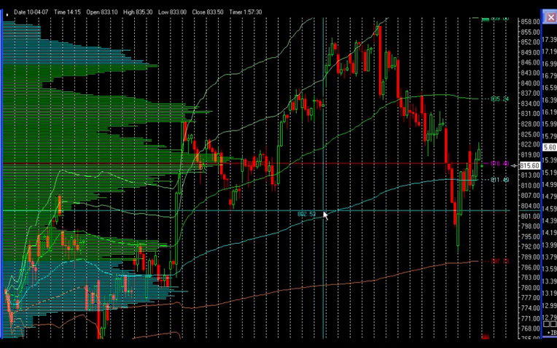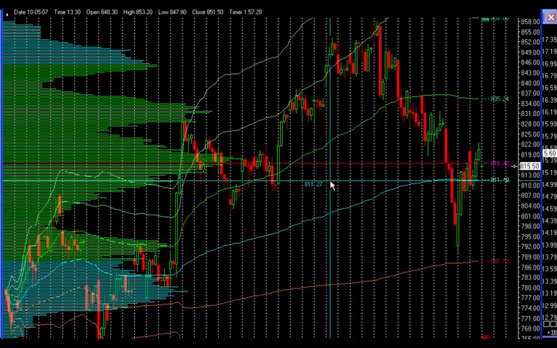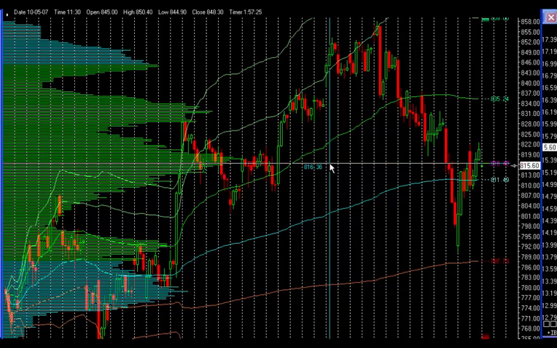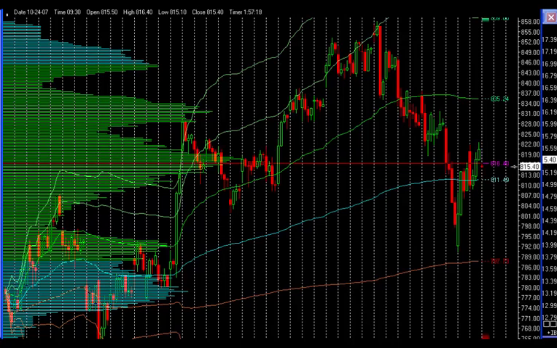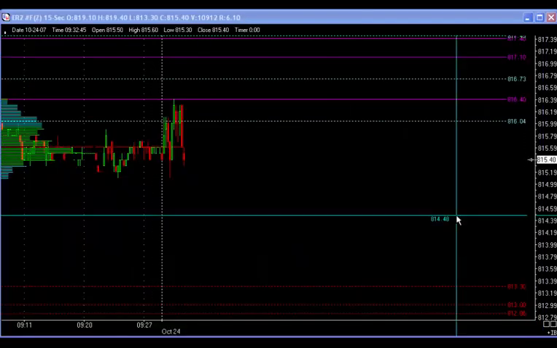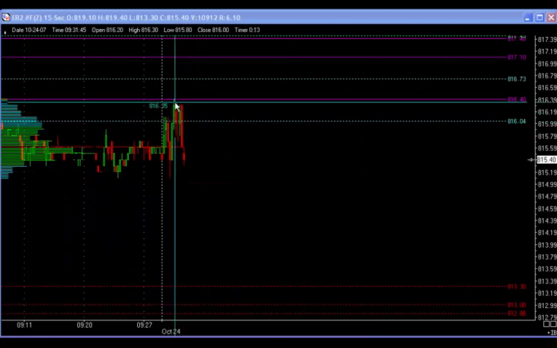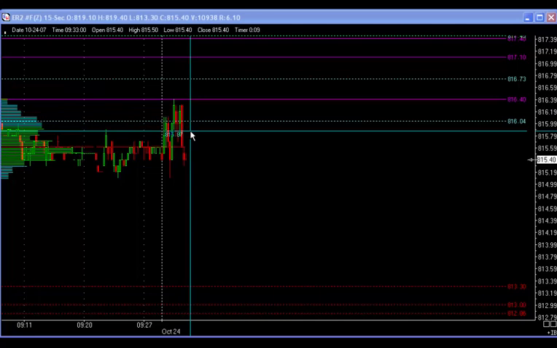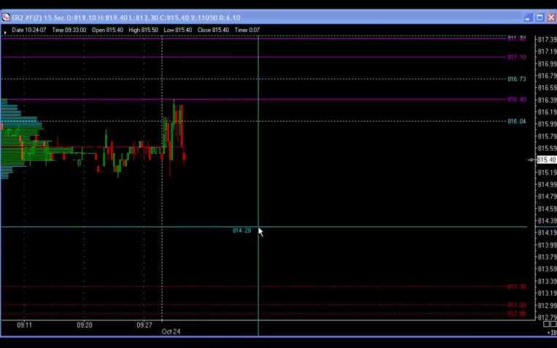On the 2-month data chart, here's that 816.40 line, which again the software has transferred to the 15-second chart. And you see that price action bounced off at 816.40, dropped below 816.04.